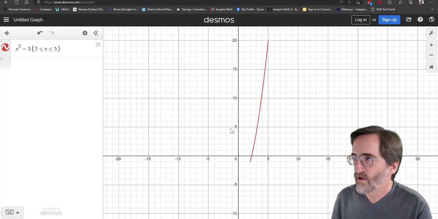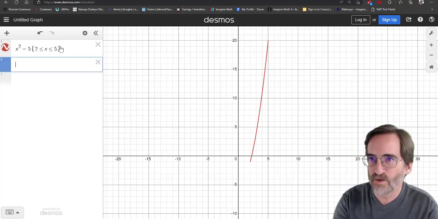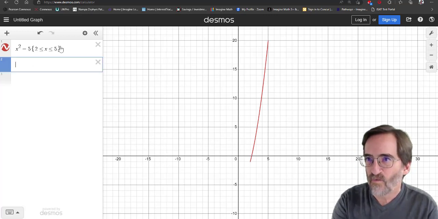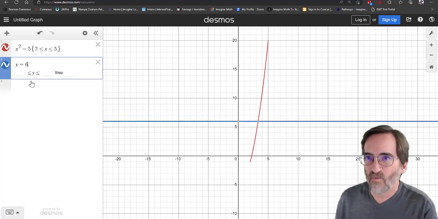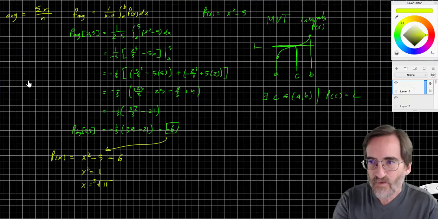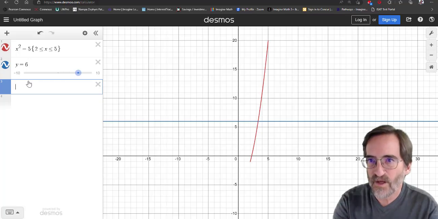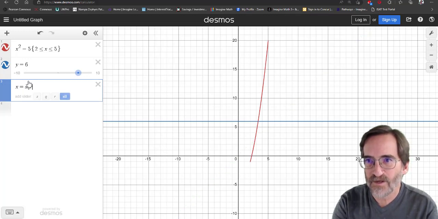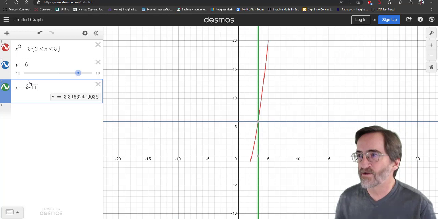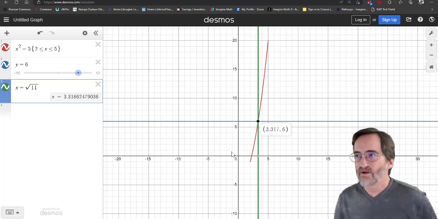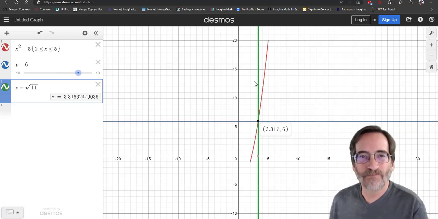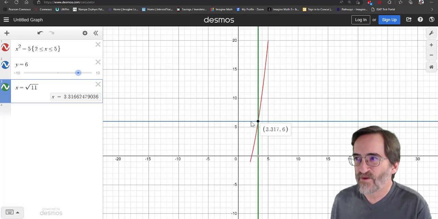And we have the mean value, or the average value, which is y equals -6, right? That's the average value. And where does that happen? Well, it happens at square root of 11. Let's see if this works. Drum roll, please. There it is. That happens to be right where the average meets. The square root of 11, 3.317. So we've verified that there is a value C, 3.317, where the output of the function is the average value.